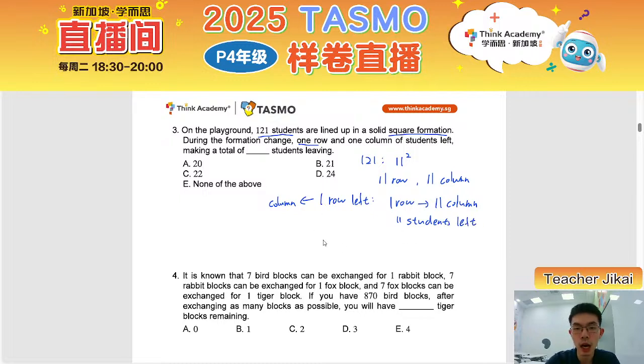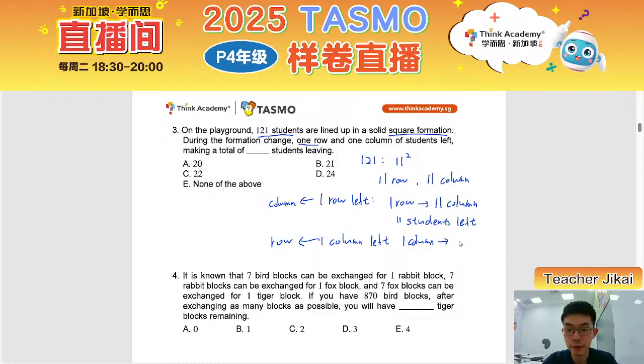And then a column left. So for the column, how many students are there in 1 column here? It is the number of rows, right? We should look at the rows. So 1 column, there are how many students? It means we have how many rows?